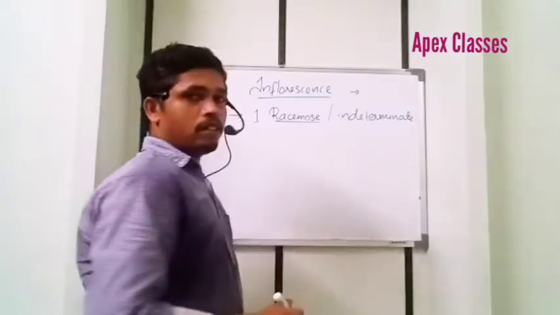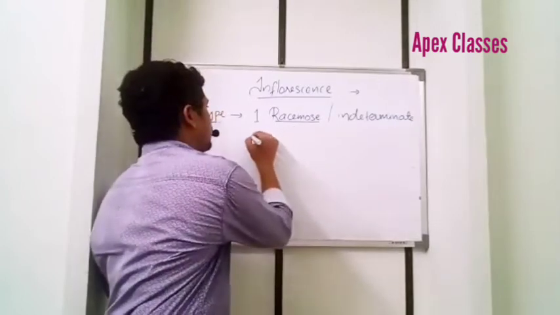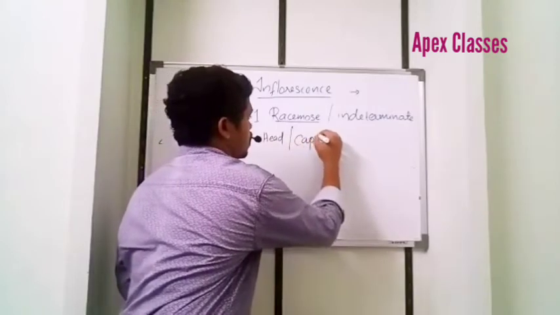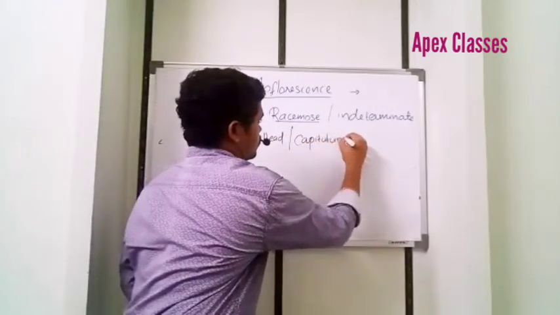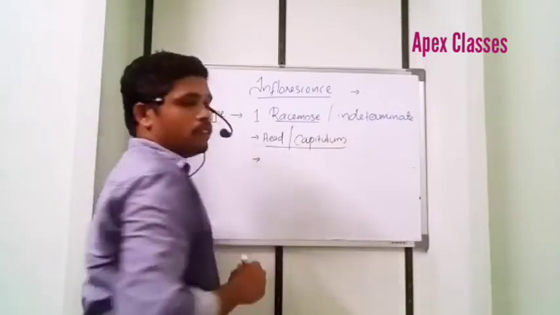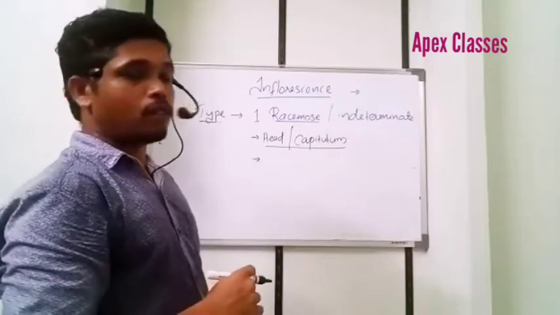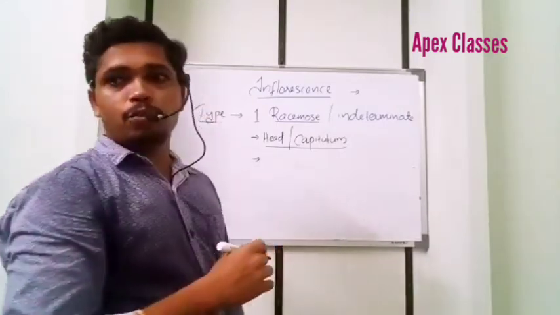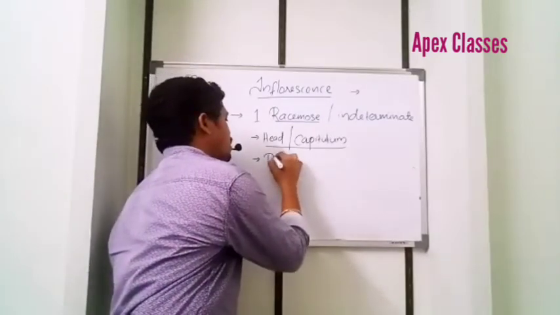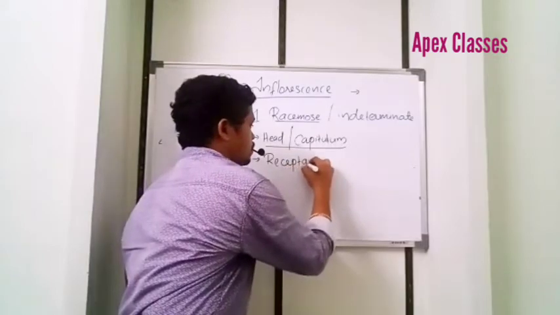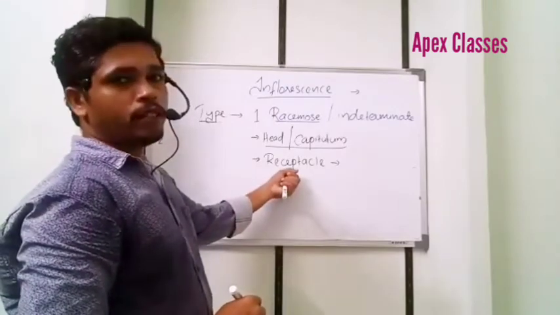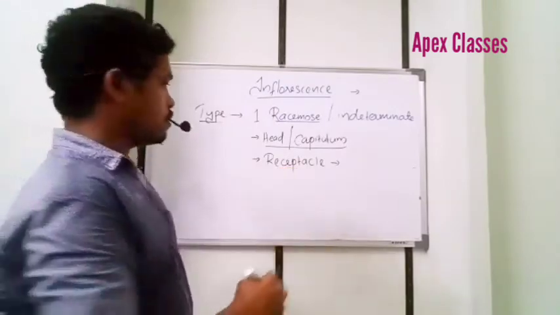The next type of racemose inflorescence is the head or capitulum. In this type, the growth of the peduncle is reduced and it is flattened into a convex shaped receptacle.